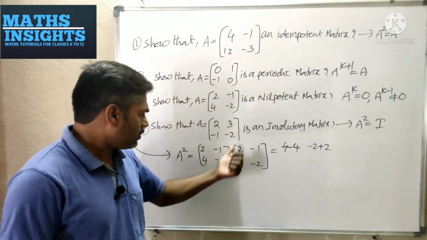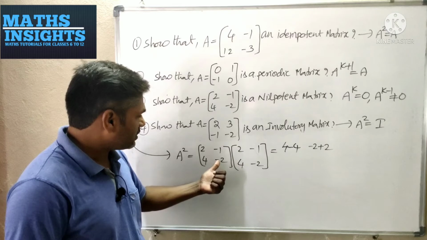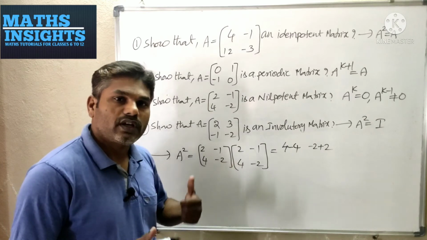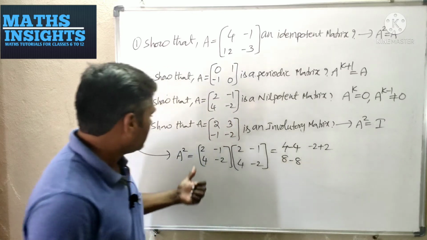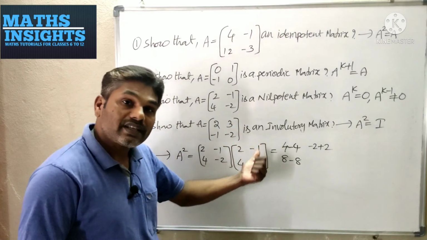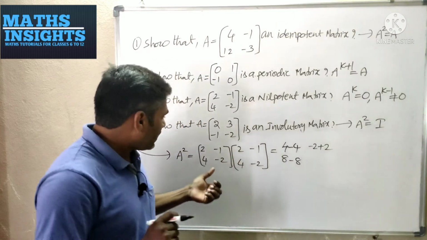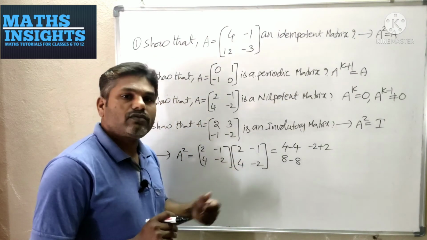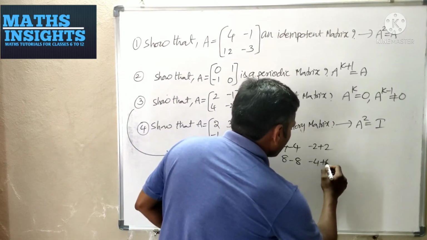Next, second row first column, 4 into 2 is 8, plus minus 2 into 4 is minus 8, therefore 8 minus 8. Next, second row second column, 4 into minus 1 is minus 4, plus minus 2 into minus 2 is plus 4, therefore minus 4 plus 4.